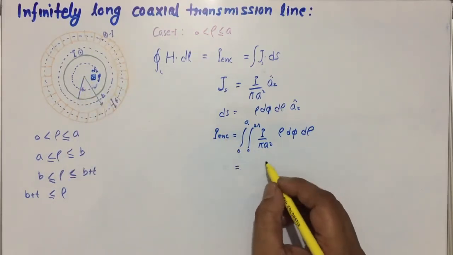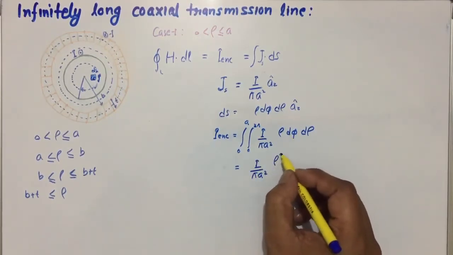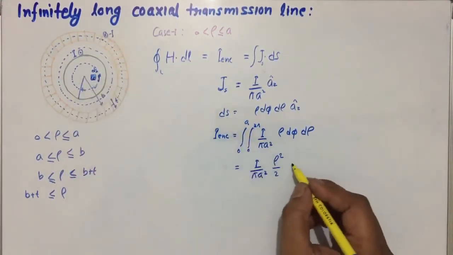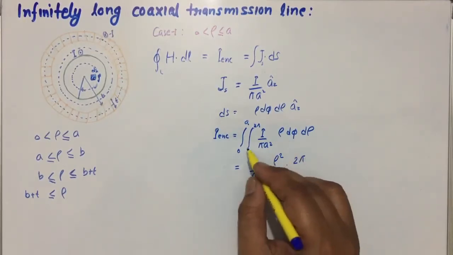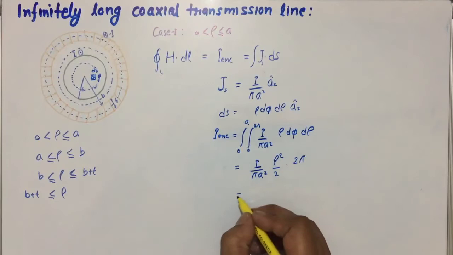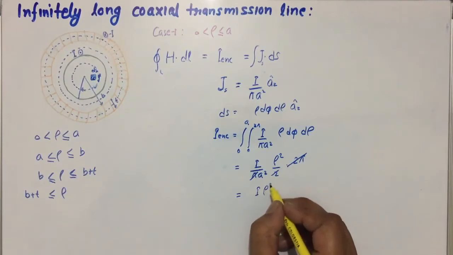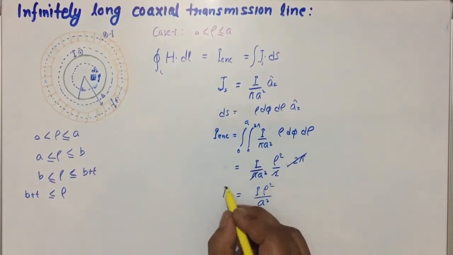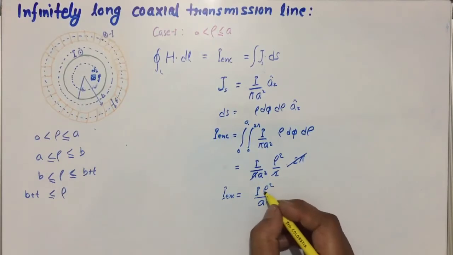So at the current position of the observer, we can say I by pi a square times rho square by 2. We are not putting the limit because we are interested to find it at different positions. And phi goes from 0 to 2 pi. Integration of phi for a full circle will give us 2 pi. Now from here we get 2 pi and 2 pi will cancel out, giving I rho square by a square. This will be I enclosed at any particular radius rho.